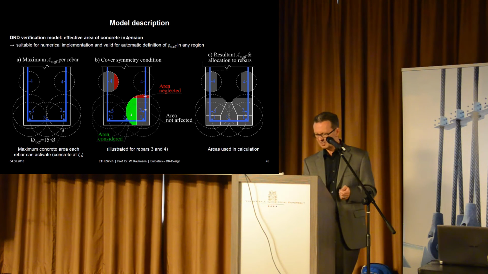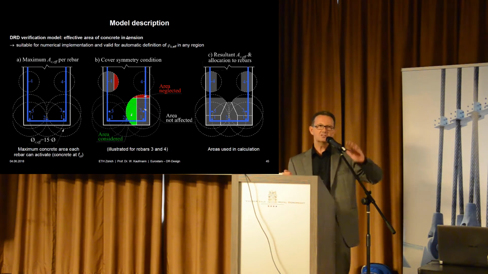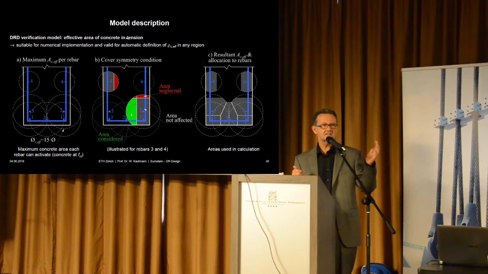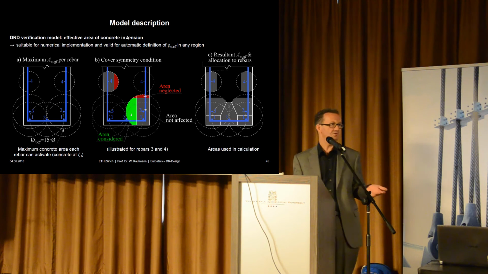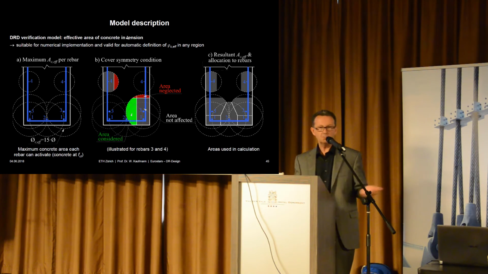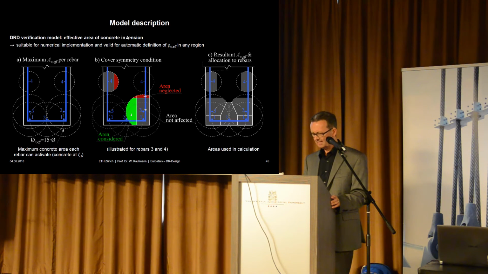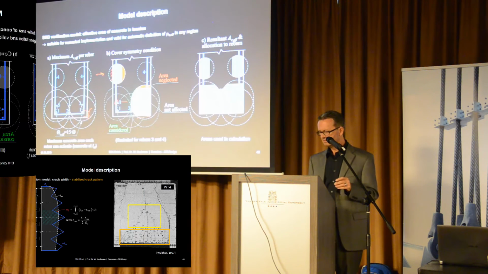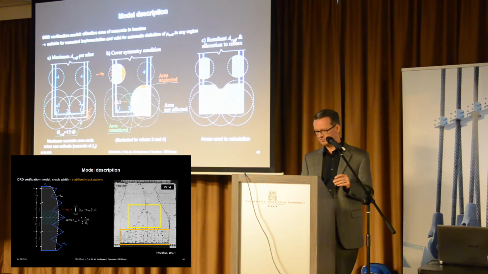So in codes, I know that some just take twice the concrete cover, others have mechanical formulations for bending, but we don't know beforehand if this will be bending, tension, or whatever. So we have to come up with a reasonable solution. And then we take this concrete area and we attribute it to the individual rebars.